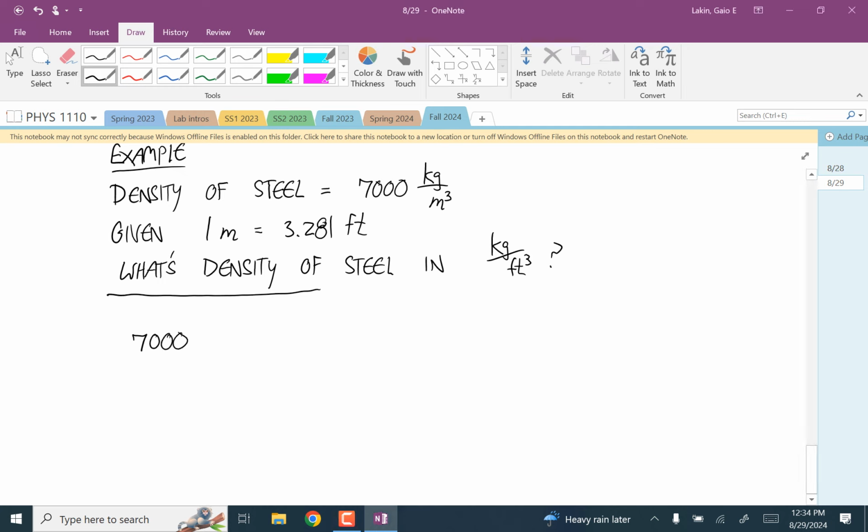Start with 7,000 kilograms divided by meters times meters times meters. We don't have to mess with the kilograms in this case, but one by one, we're going to go through the meters and convert those to feet. So I'm going to go 1 meter over 3.281 feet.